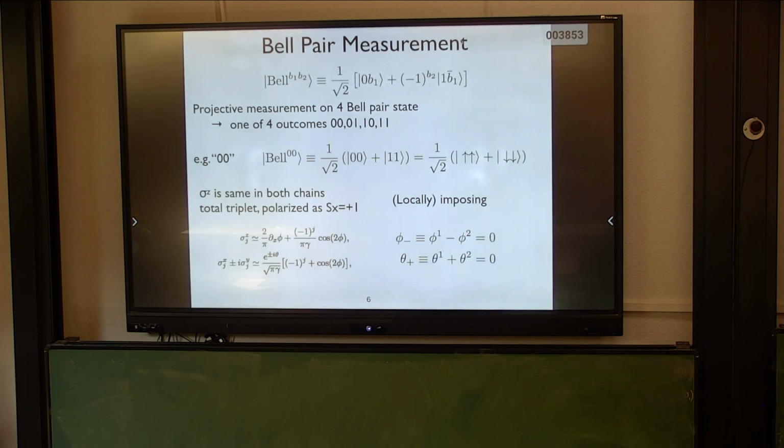In the case of 00, if you look at this formula, both spins from chain 1 and chain 2 are pointing in the same direction in the Z basis, up-up or down-down. But this sigma z admits this kind of field theory expression.